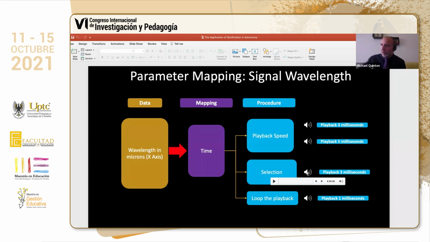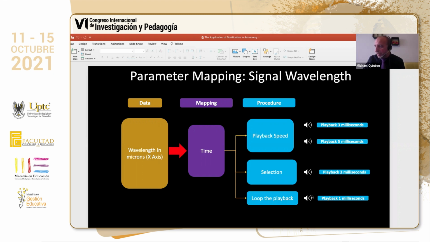And then if you loop the playbacks, you can repeat that playback over and over again. It's the same segment being repeated, which is what he did to confirm that he was listening to water vapor at that specific moment. Let's go back to this example or the last one? It's the loop the playback.